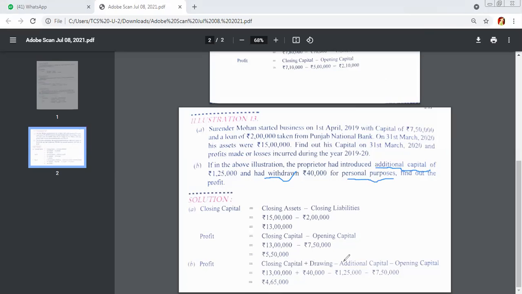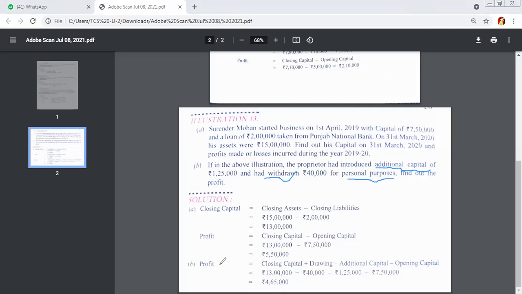So whenever the drawings and all these things are given to you, I already discussed the formula on the board with you: closing capital plus drawings minus additional capital minus opening capital gives us the profit. So in this way, these types of questions are to be calculated.